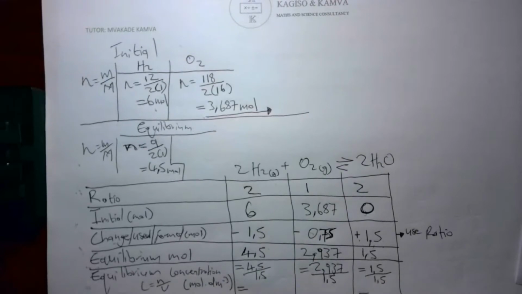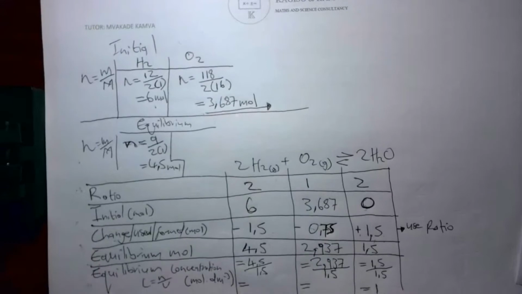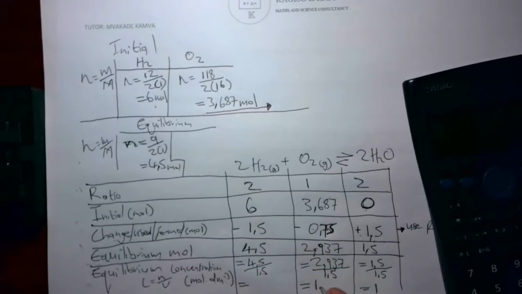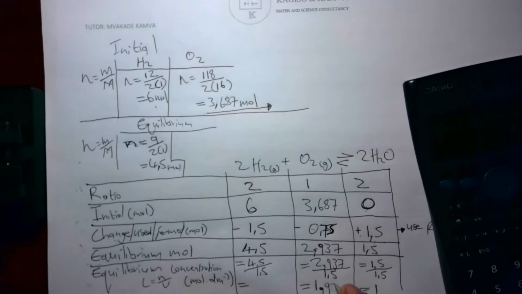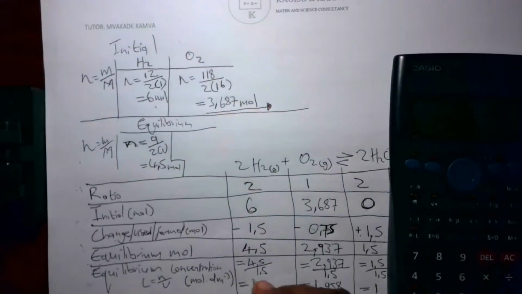Okay, this is going to be 1. Okay, now we know the concentration there is 1. And then we come to this part. 2,937 divided by 1,5 is 1,958. And then we've got 4,5 divided by 1,5. This gives us 3.